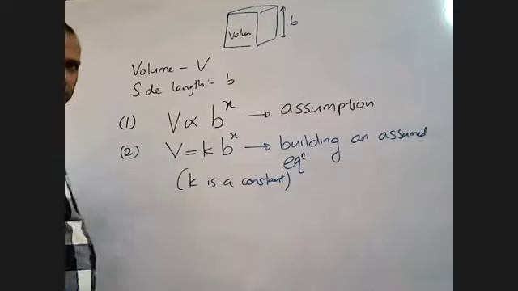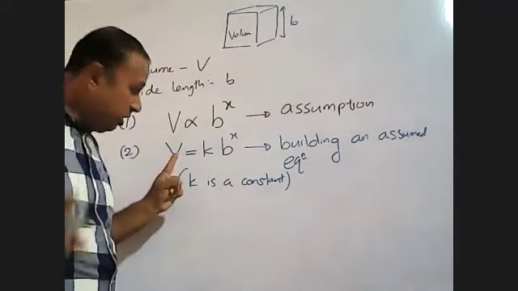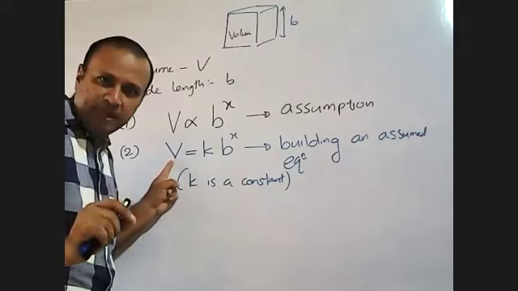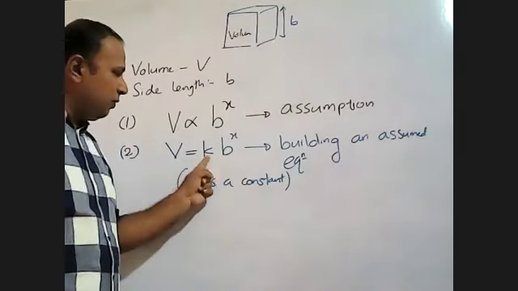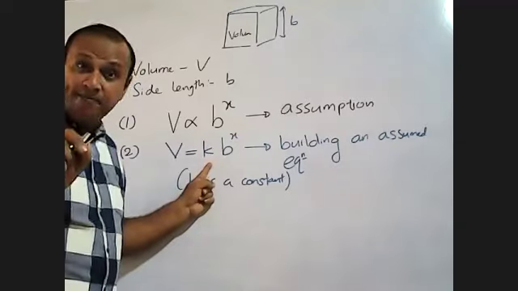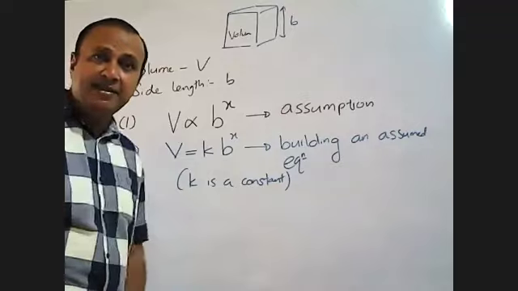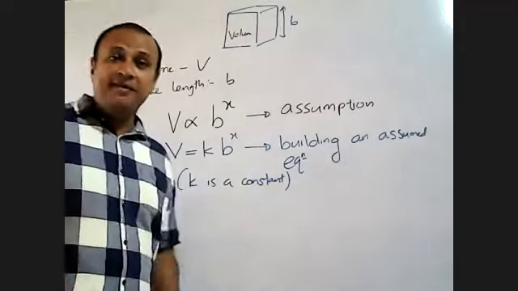Now look at this one. Now there is an equation. If you know the dimension of V, the dimension of B, and the value or dimension of K, if you know all the things, then you can find the value of X. This is a very simple thing.